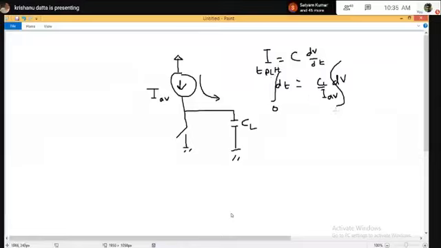Now what is interesting is that the limit that I shall put for the voltage will be VDD by 2. I am not putting VDD, I am putting VDD by 2. So what is the reason? The reason is, in this case, input falls and now output is rising, right?